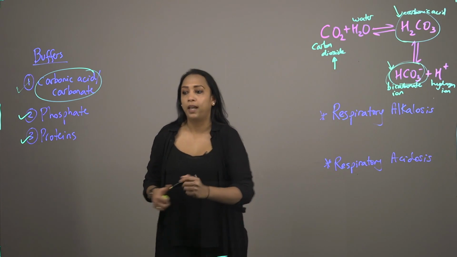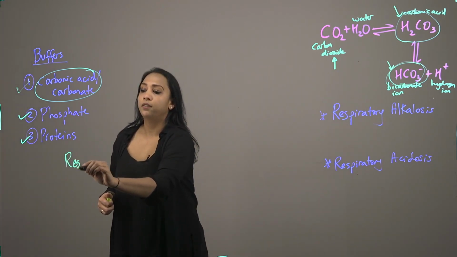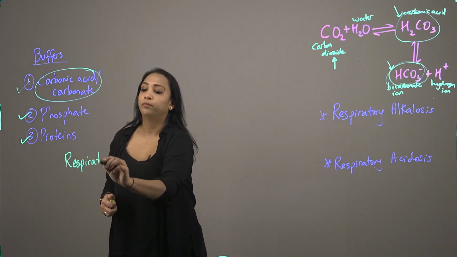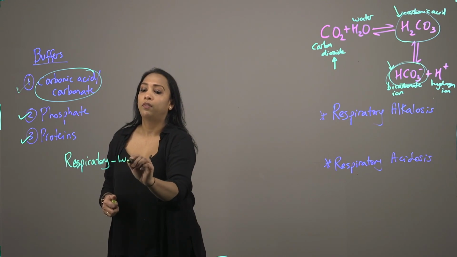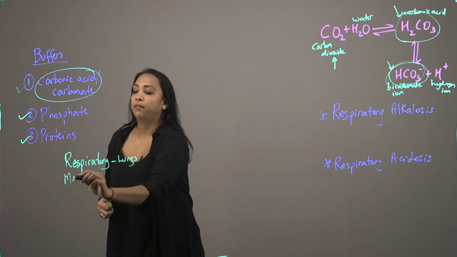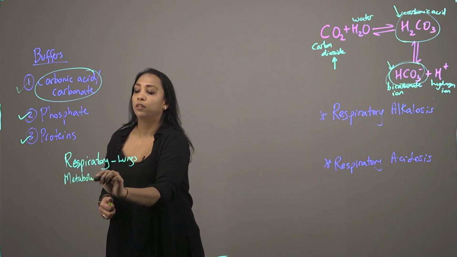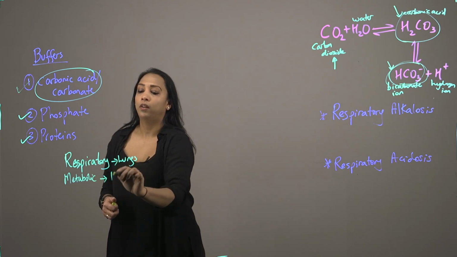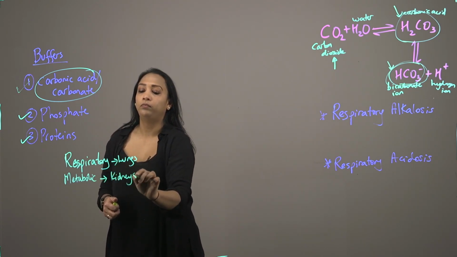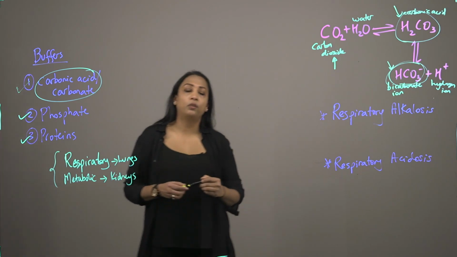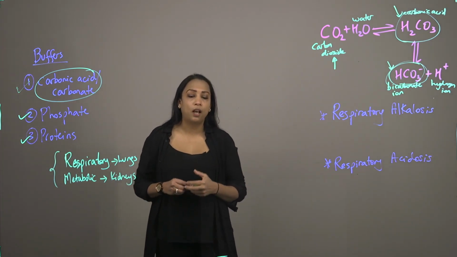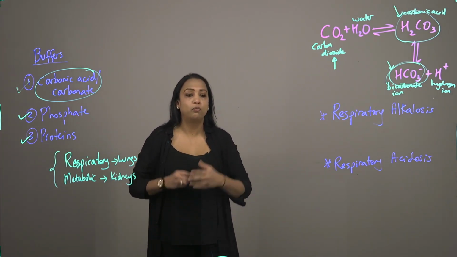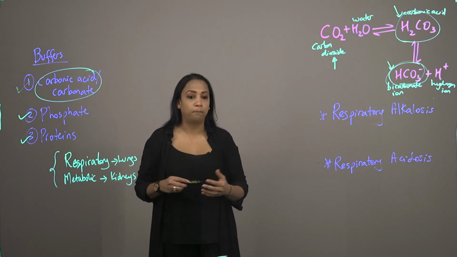So this is how we have the respiratory component via our lungs, and we have the metabolic via our kidneys. So these two aspects allow our bodies to regulate pH effectively.